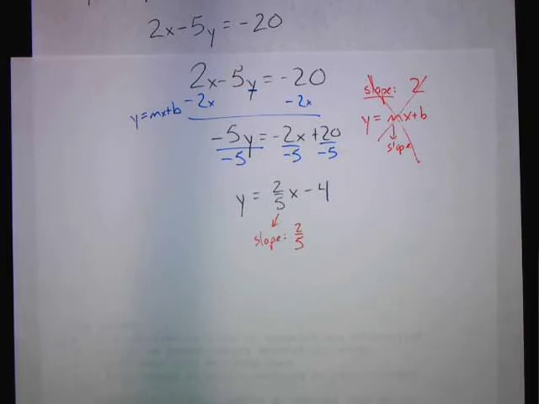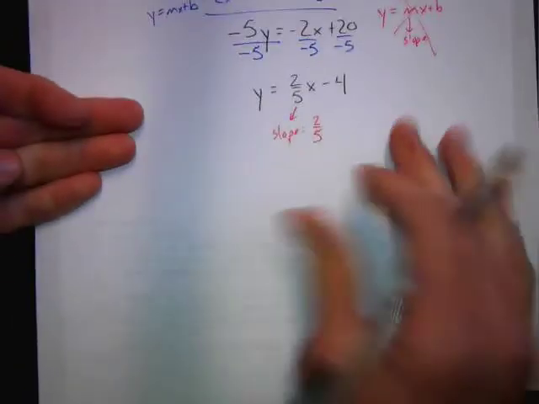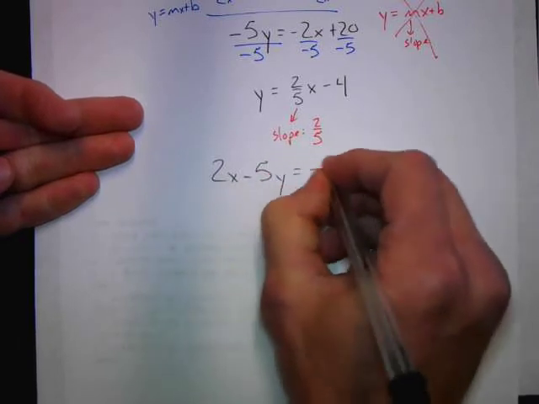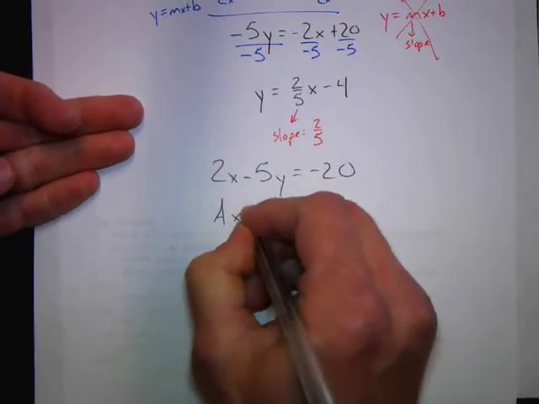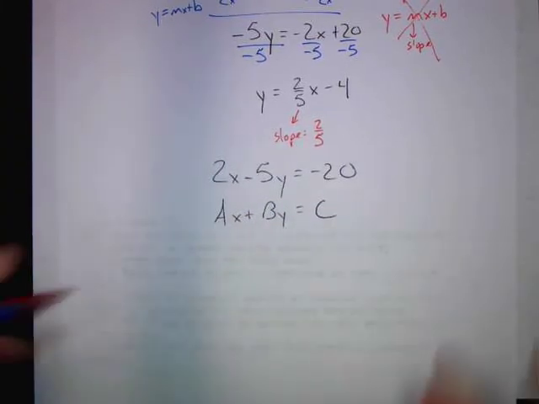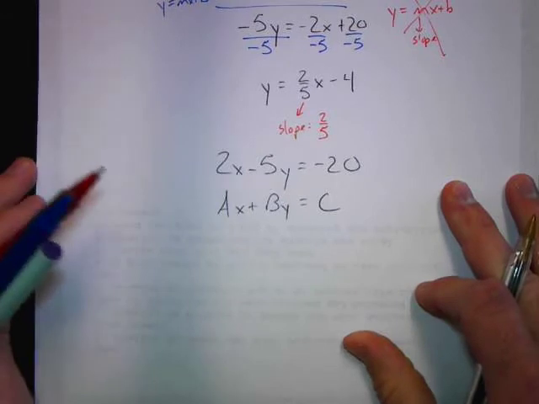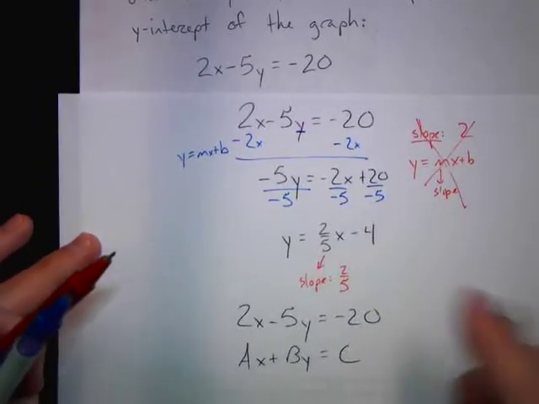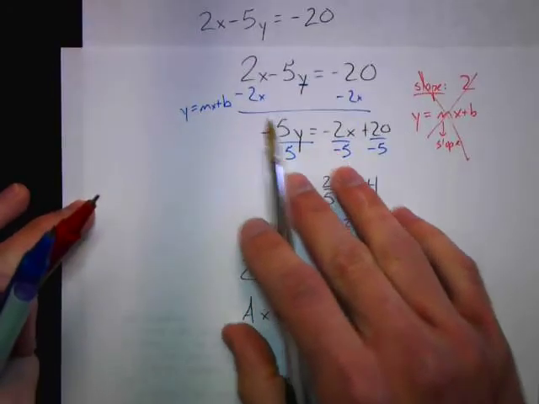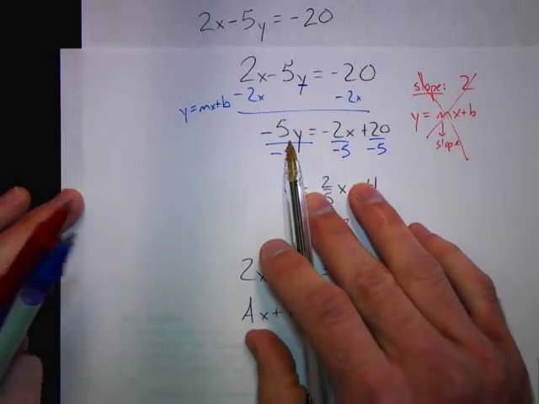Now the short way, remember standard form looks like ax plus by equals c. Notice what we had to do in the previous equation. What we had to do was undo the 2x from both sides and then divide by what was in front of y.